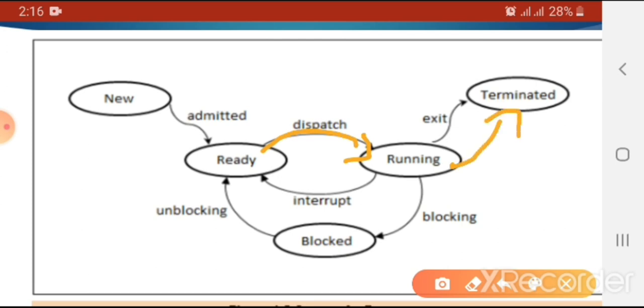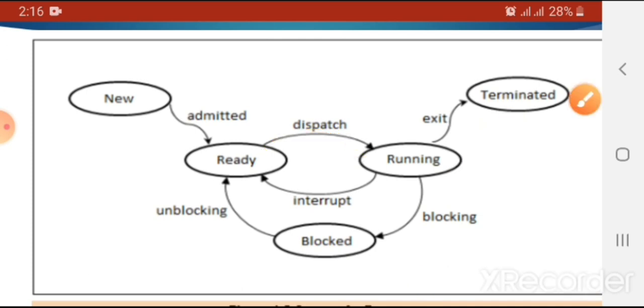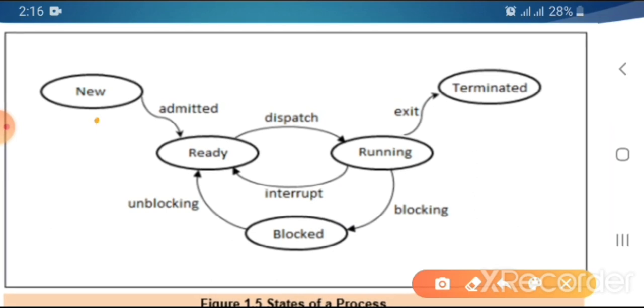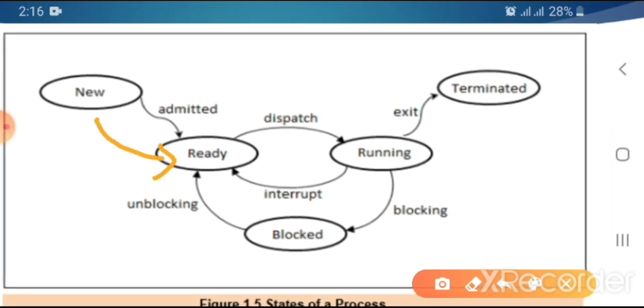But there may be another case. For example, a process is submitted, it will come from new to ready, then it is assigned to the running state by the dispatcher. While in the running state, it may need some type of input or output resource which is not available at that time. In this case, the process will move to the blocked state.